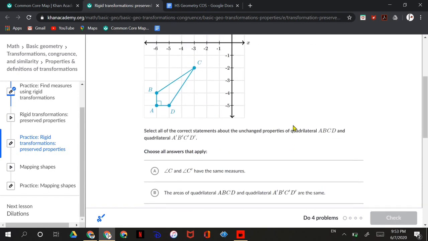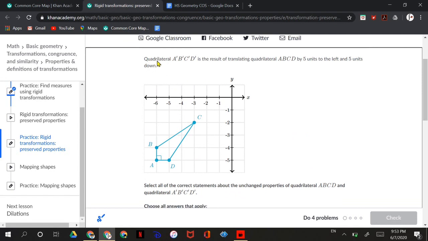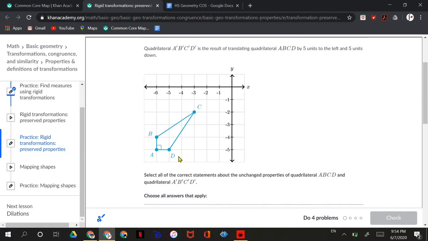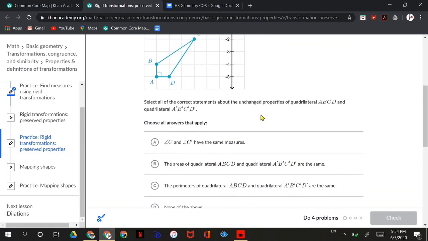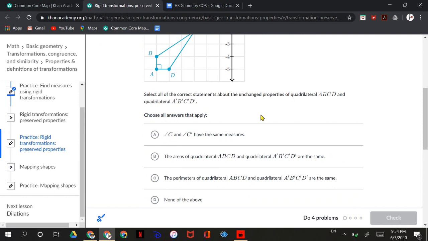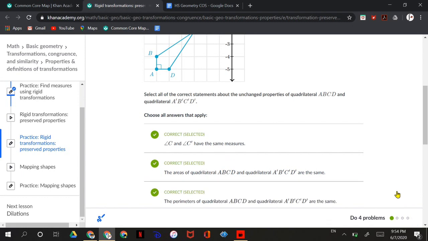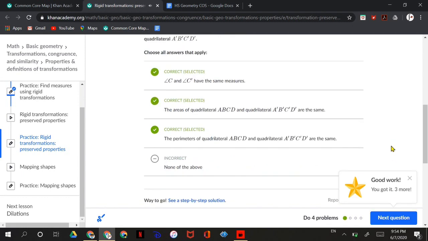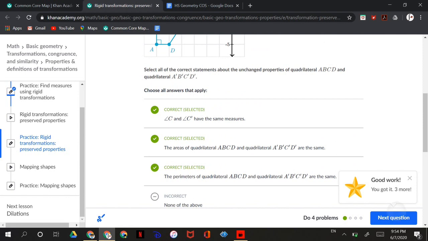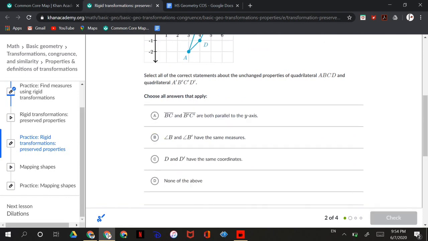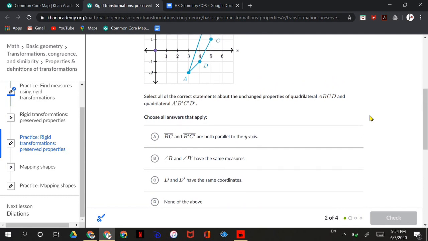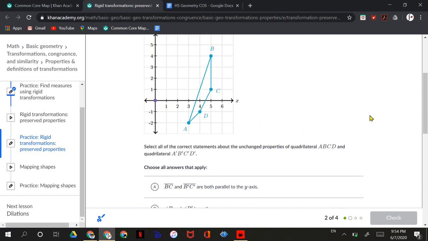Let's go. So this new shape is a result of translating this shape 5 to the left and 5 down. Which of the following properties have been unchanged? It seems to have the same angle, yes, because they have been translated and so are rigid. All of these would have been preserved because they used only rigid transformations. Now select all of the correct statements about the unchanged properties of quadrilateral ABCD and the new shape.